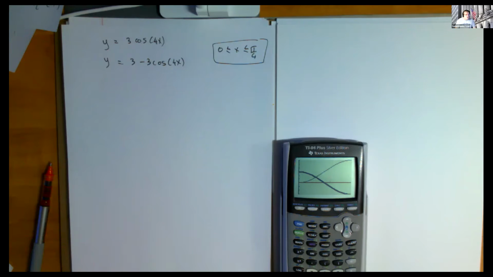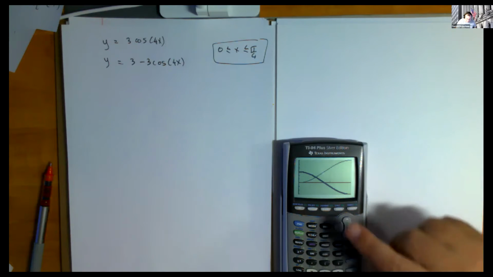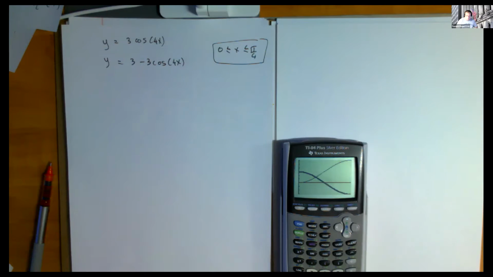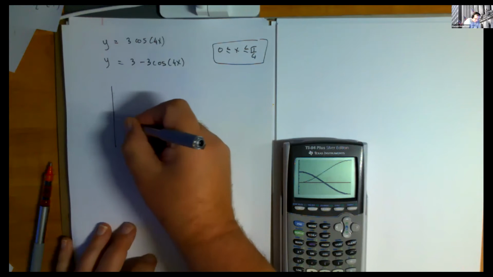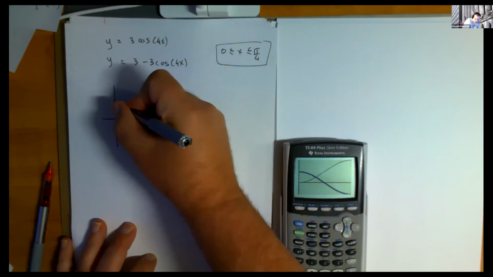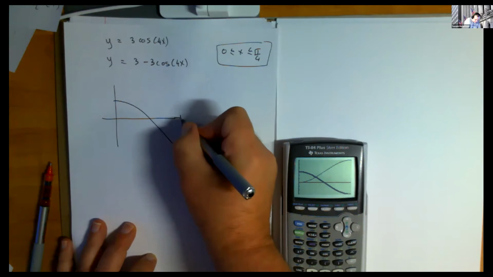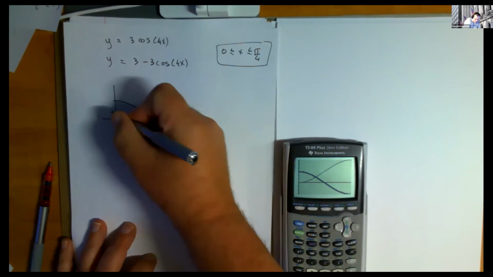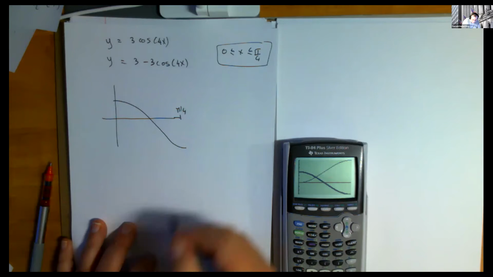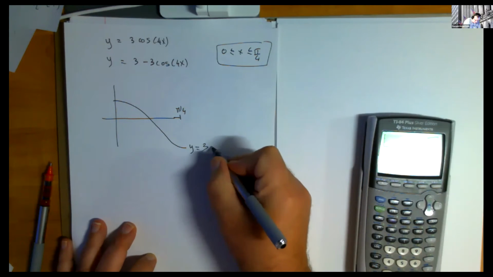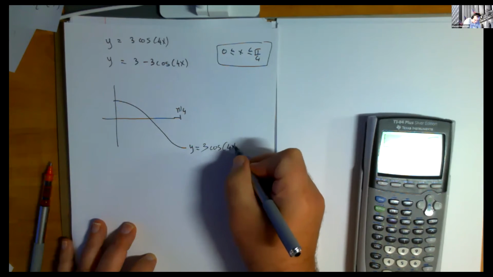Would you agree there's a crossover? Right there. You see it? Crossover. So here's my basic version of this. It doesn't need to be too accurate. There's pi upon 4. This curve here, which is the dark one, is 3 cosine of 4x.